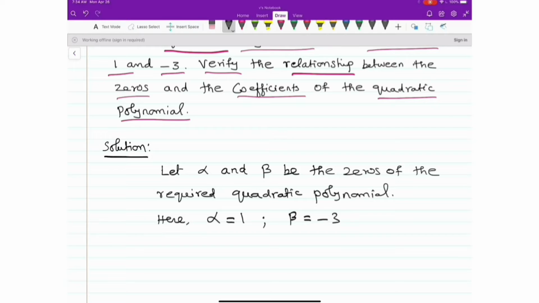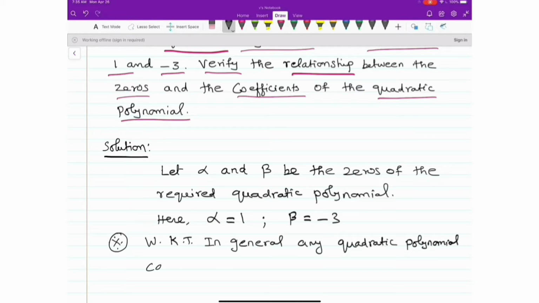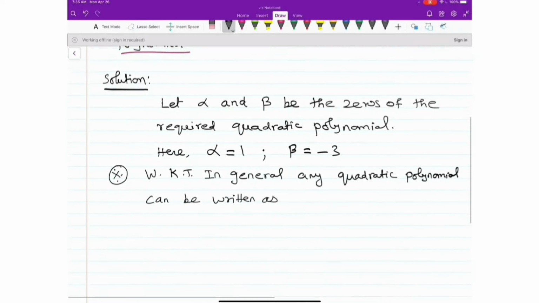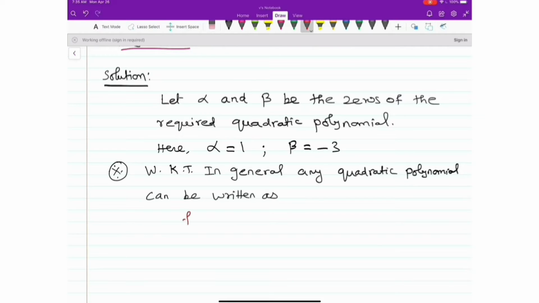You know the very important point which I have been saying: we know that in general any quadratic polynomial can be written as f of x is equal to k into x square minus sum of the zeros into x plus product of the zeros.